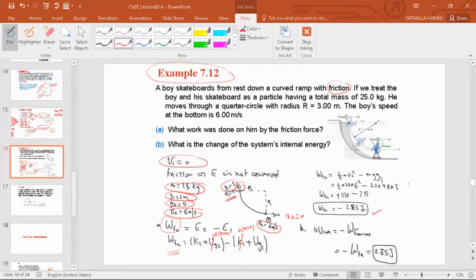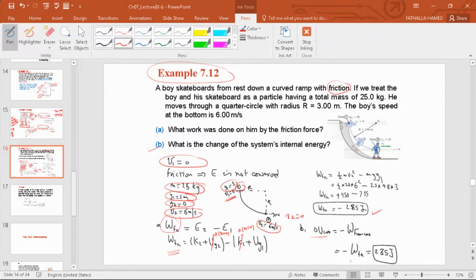Now, where did this energy go? That's when we ask, what is the change in the system's internal energy? We're not just talking about the object, the boy. We're talking about the whole system now, and this is where the energy has gone. That's what we said when we said delta U internal, the change in the internal energy of the system, should equal minus the work done by other forces.